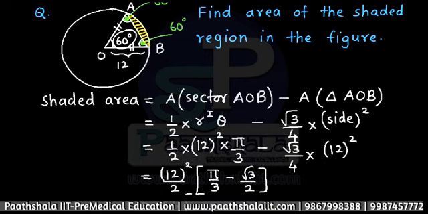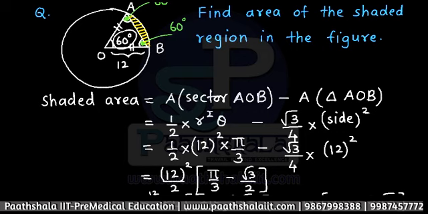If you want, we can merge even the terms inside the bracket, so that gives us 2 pi minus 3 root 3 whole by 6, which is the LCM, and 6 will cancel out 72, leaving 12. So we get 12 into 2 pi minus 3 root 3. That's the area shown in shaded way.